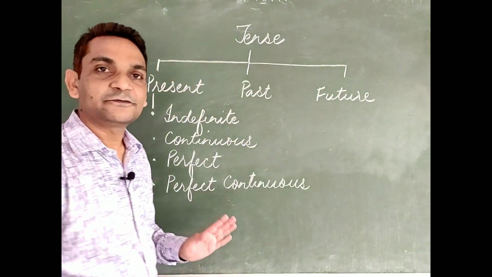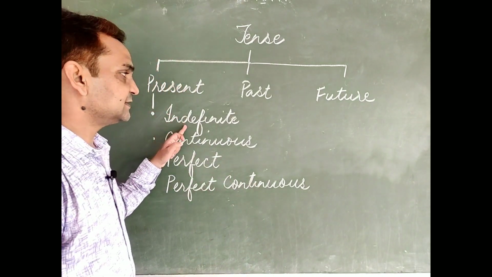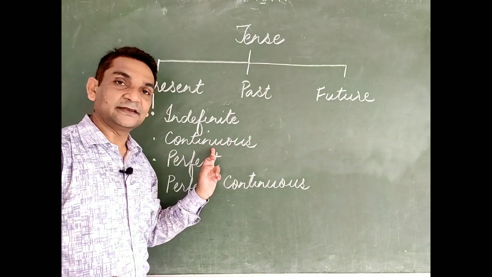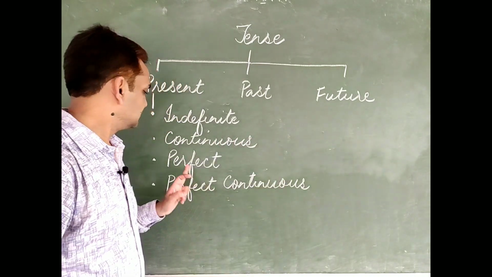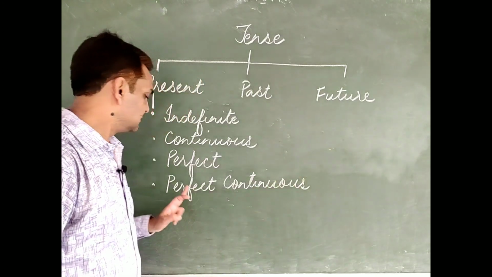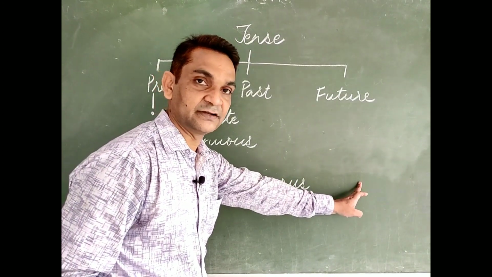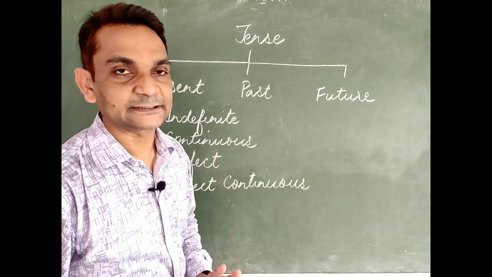So in all we have 12 tenses: present indefinite, past indefinite, future indefinite, present continuous, past continuous, future continuous, present perfect, past perfect, future perfect, present perfect continuous, past perfect continuous, future perfect continuous. So in all there are 12 tenses.